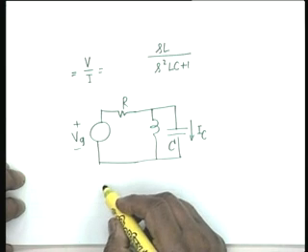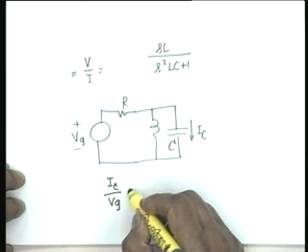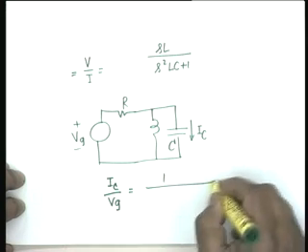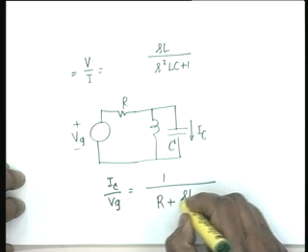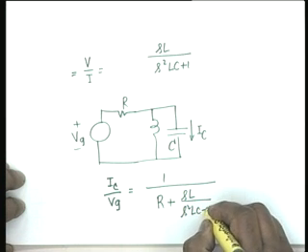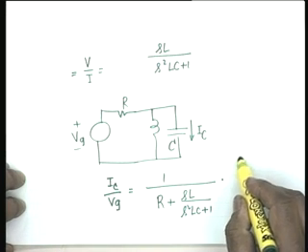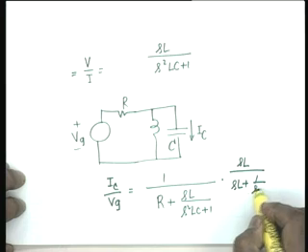Then transfer admittance I sub C divided by Vg would be equal to 1 by R plus SL divided by S squared LC plus 1, this gives the total current, then multiplied by SL divided by SL plus 1 over SC.